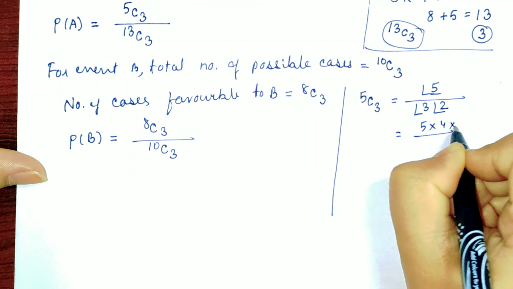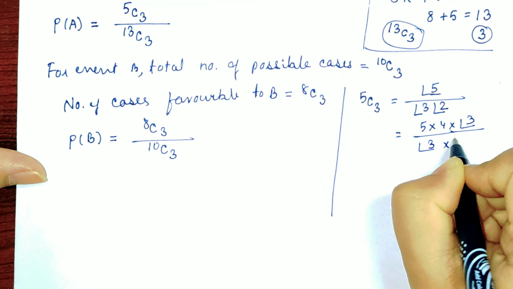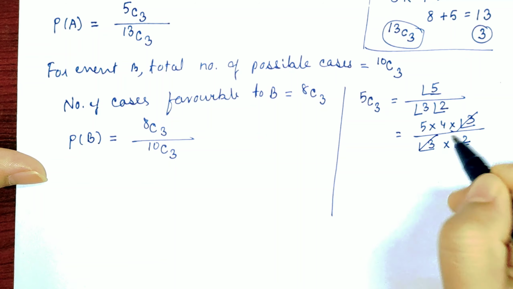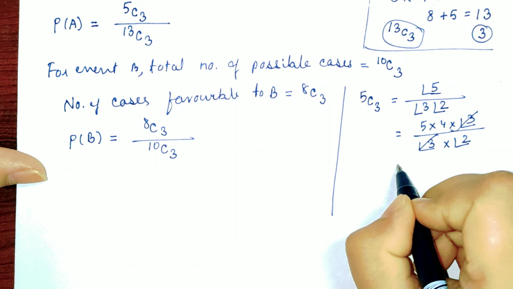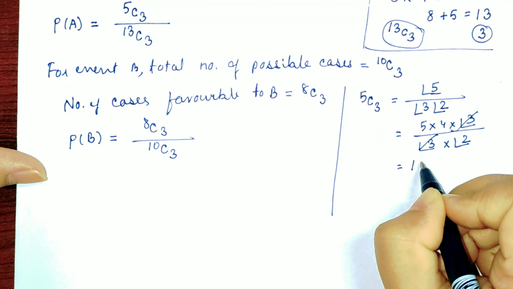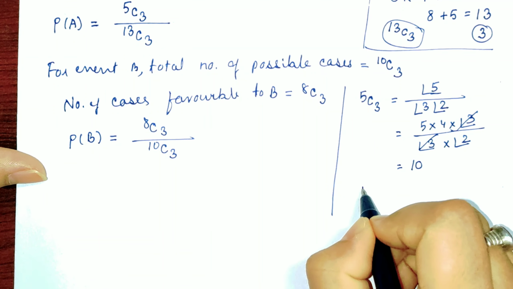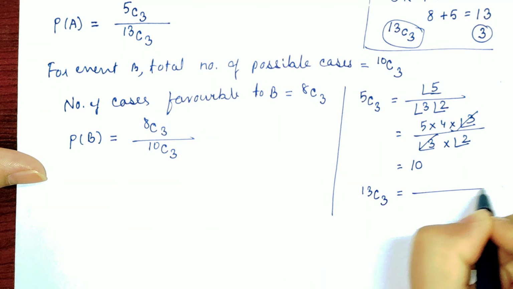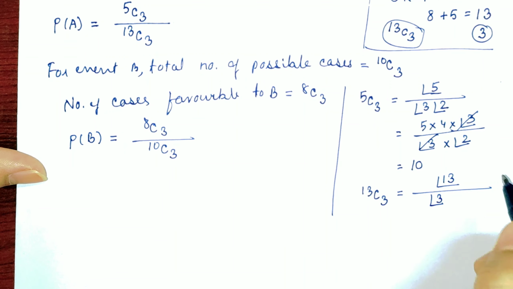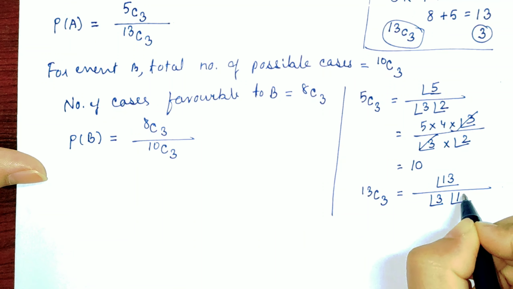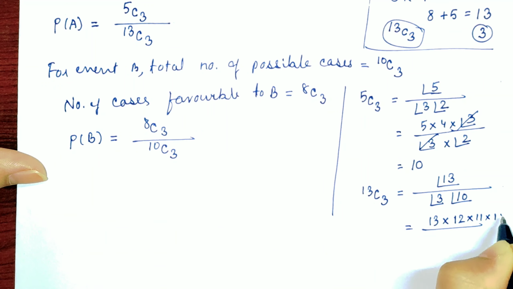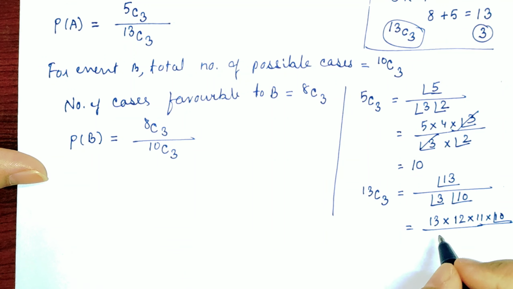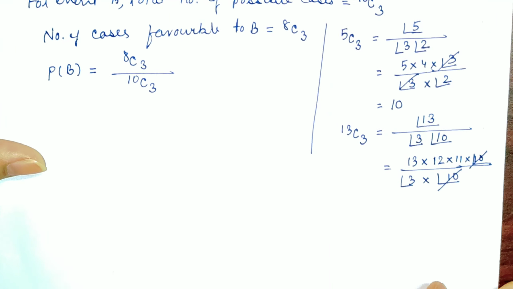Now 5 into 4 into 3 factorial divided by 3 factorial into 2 factorial. 3 factorial cancels out. 2 factorial value is equal to 2. 4 divided by 2 is equal to 2, that means 5 into 2 equals 10. Now 13C3: 13 factorial divided by 3 factorial times 13 minus 3, equal to 10 factorial. 13 into 12 into 11 into 10 factorial divided by 3 factorial into 10 factorial. 10 factorial cancels out.